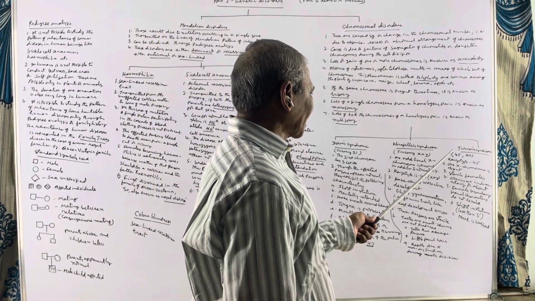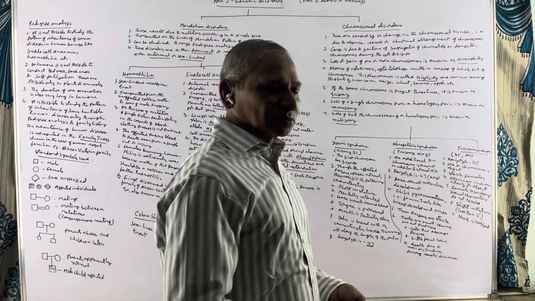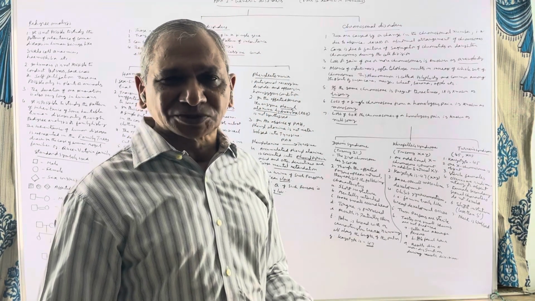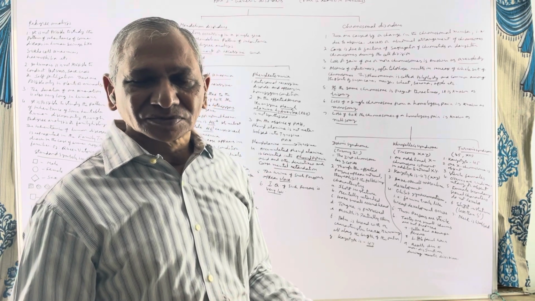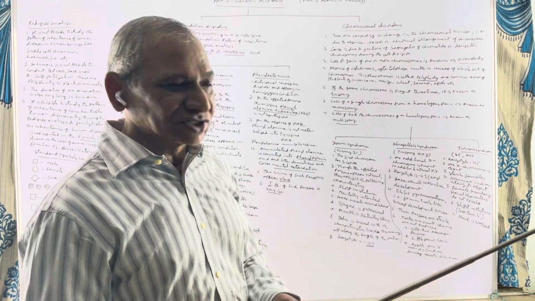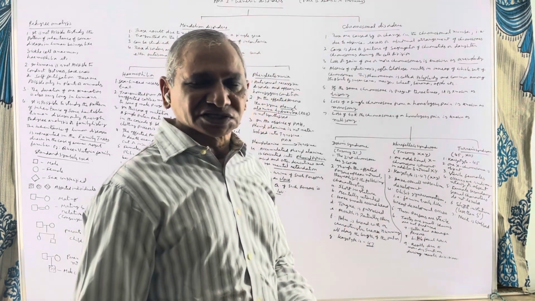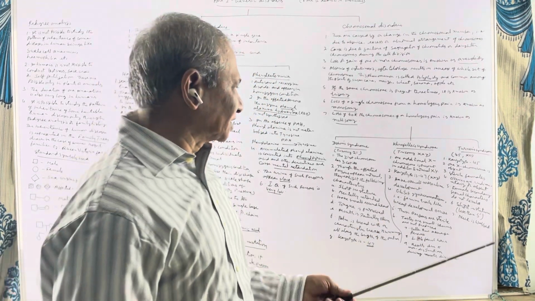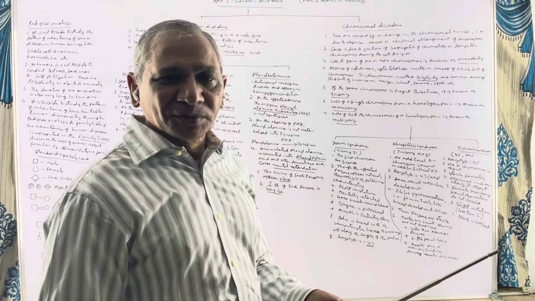The third one is Turner syndrome. Here, there is only one sex chromosome, that is X. The other one is absent. These are supposed to be females, but one of the X chromosomes is missing. Here, the karyotype is 45. Instead of 46, only 45 chromosomes are present. These are sterile females.